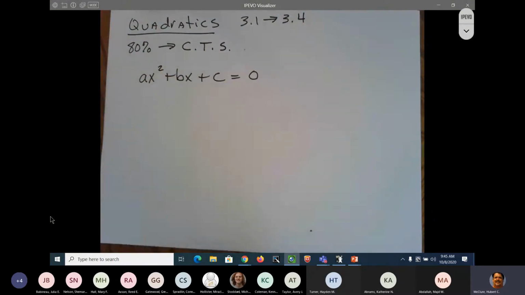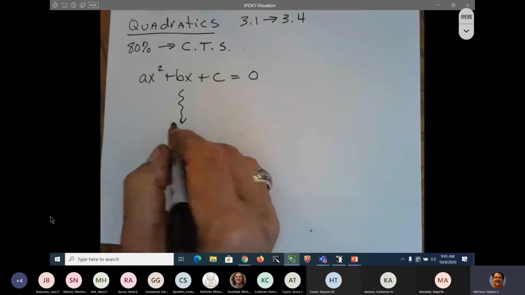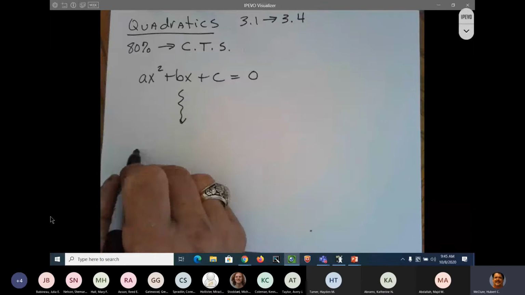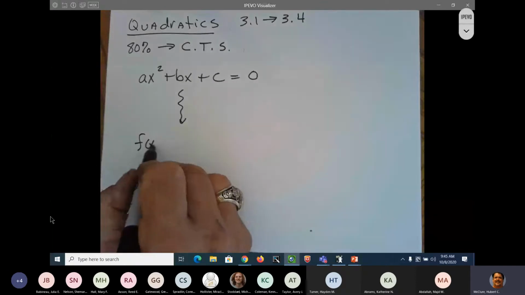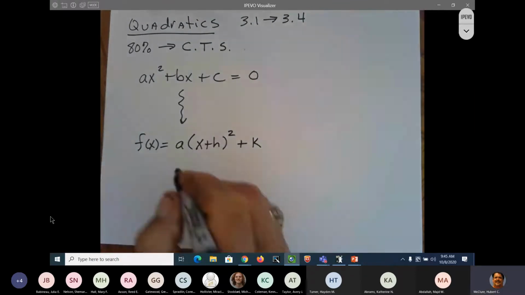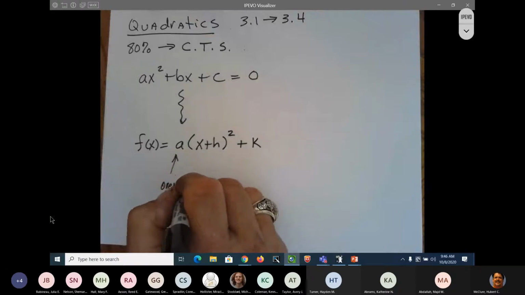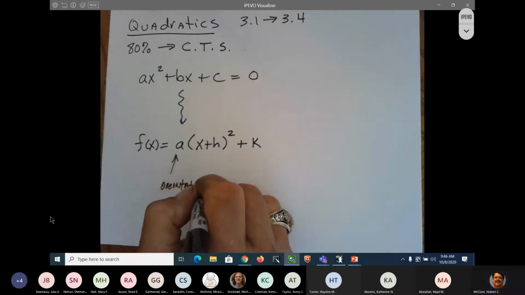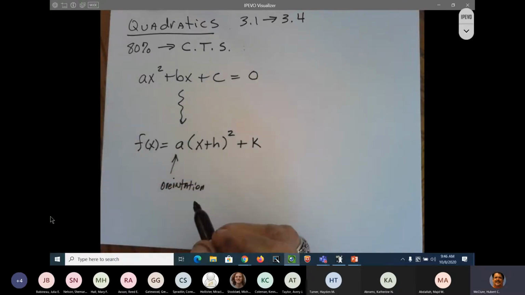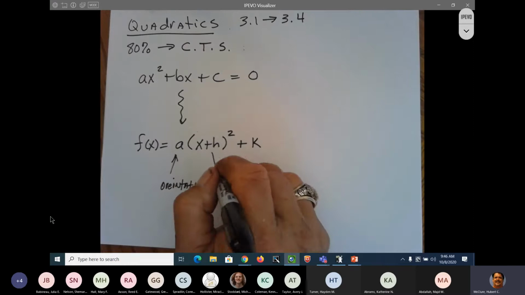Your goal is to change that into f of x is equal to a times (x plus h) quantity squared plus k. This is your orientation, whether it's compressed, whether it's stretched, whether it's concave up or concave down. This is your horizontal shift.